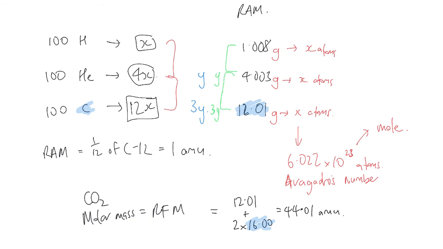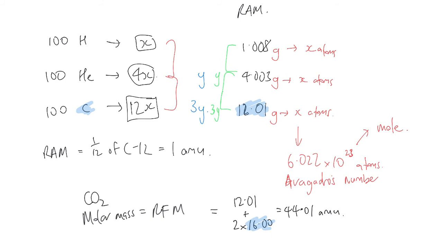They have different units technically, but they are the same number. And you should really only use the term relative atomic mass when you're dealing with atoms or elements individually, not mixtures or compounds. So we have to be able to work out the relative formula mass of various substances.